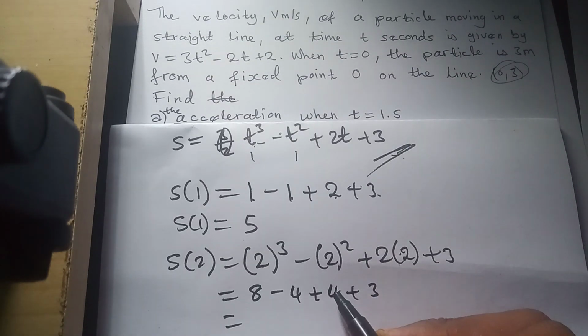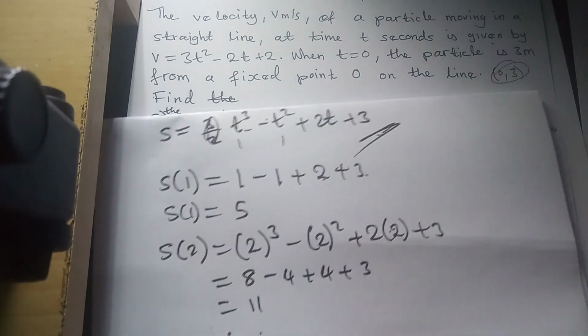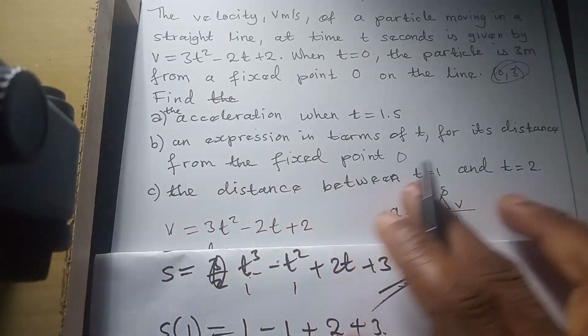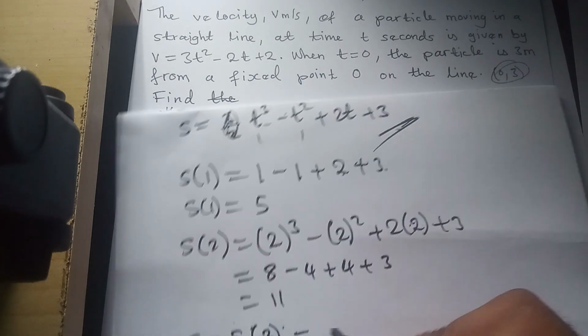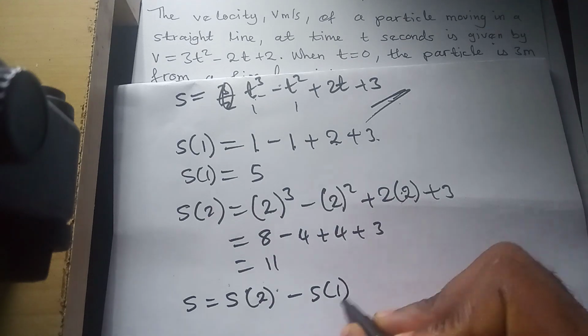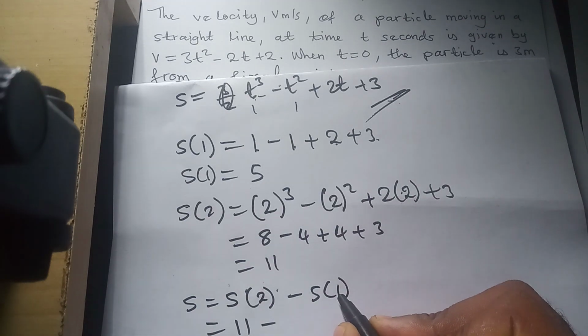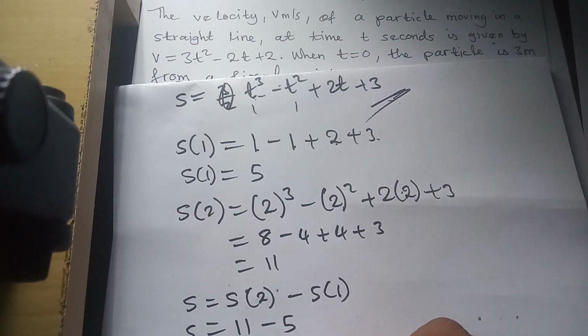So negative 4 plus 4 is 0, so you can just say 8 plus 3, which is 11. So that means the distance between t equals 1 and t equals 2 is s of 2 minus s of 1. So this one will be 11 minus our s of 1 is 5. So this gives us 6 meters.